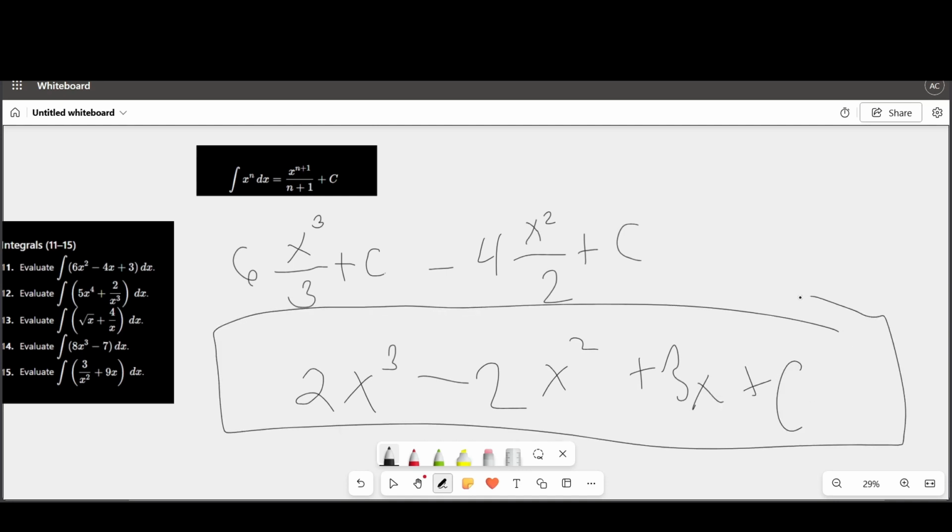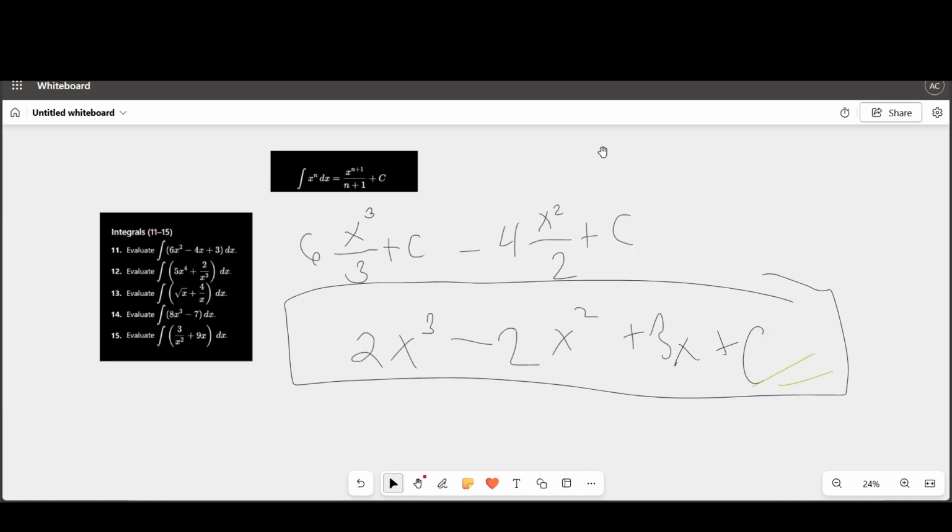Okay. So let's evaluate the second integral question.